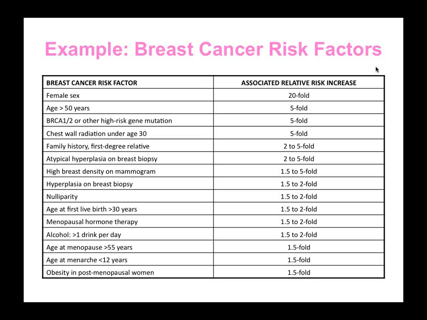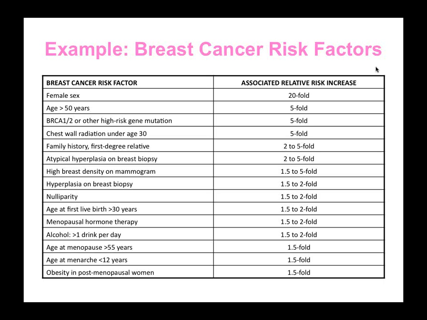Even in the absence of an identifiable mutation in BRCA1 or 2 or one of the other high-risk mutations, we know that there are certainly families out there that have a lot of breast cancer, and we can't find a clear reason for the cluster of breast cancer in the family. So family history, even in the absence of a BRCA1 or 2 mutation, is an important risk factor for breast cancer.